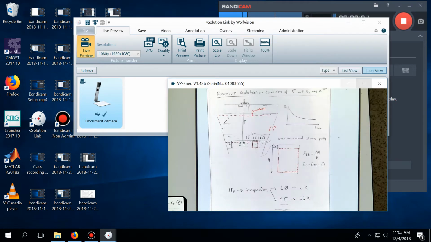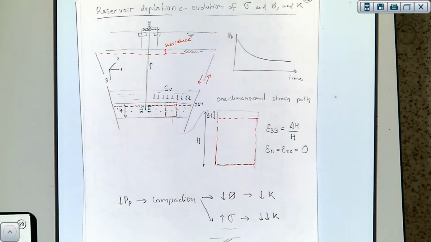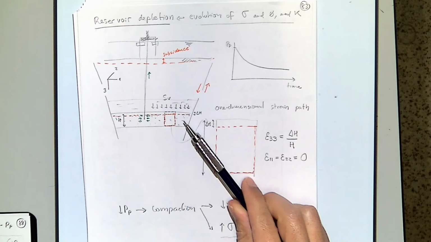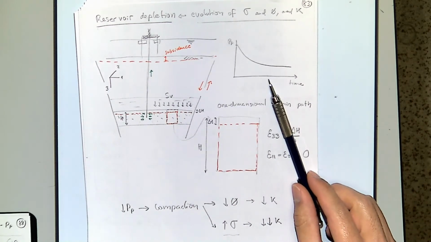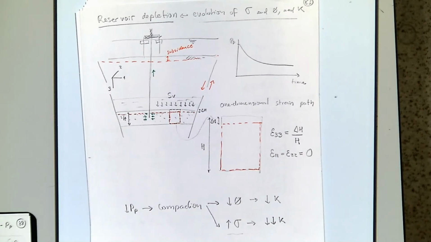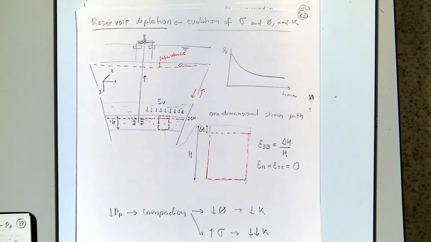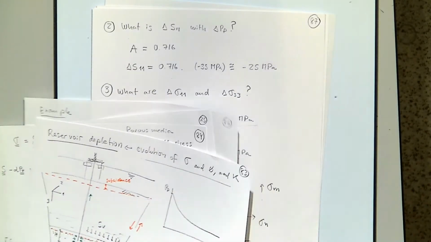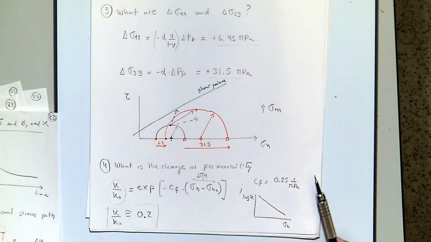There's one more thing that we have to discuss about reservoir depletion. So we said that whenever there is reservoir depletion, pore pressure goes down with time. As pore pressure goes down, effective stress increases, and we saw the equations for that and how the Mohr circle looks when you have depletion.